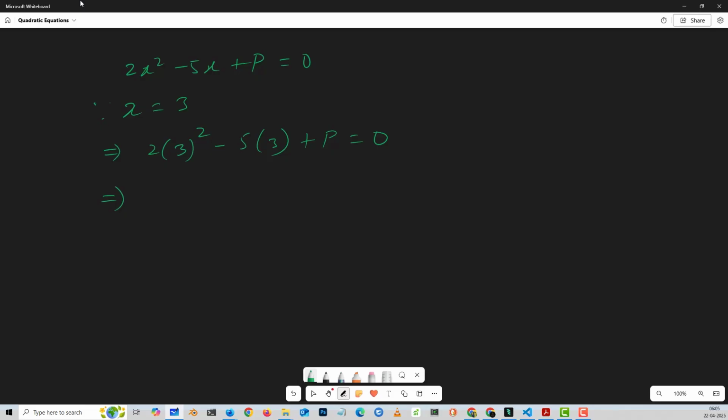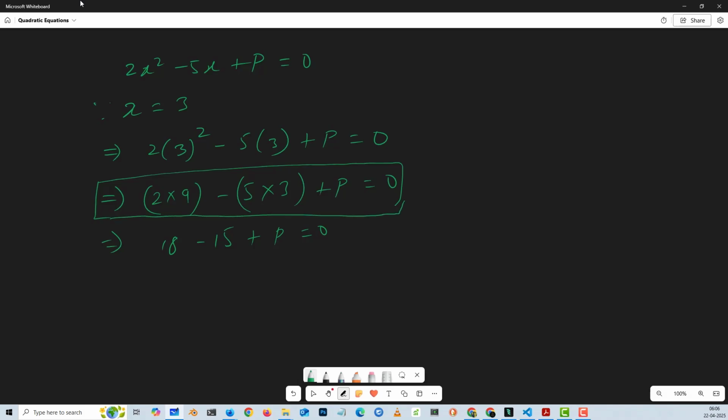So 3 square equals to 9, so this will become 18 minus 15 plus p equals to 0. This step was not necessary since it is a standard 10 question, so you can directly skip to this step.